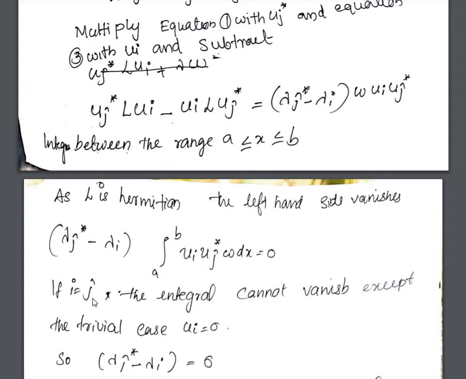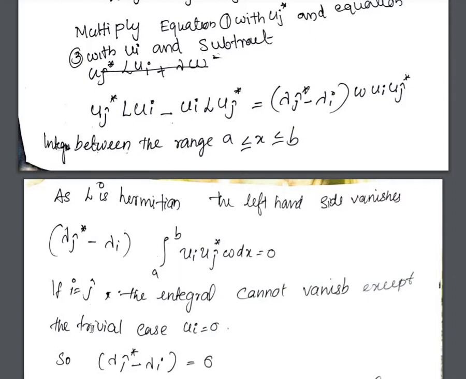Let us consider the condition when i is equal to j. The integral cannot vanish except in the trivial case ui is equal to 0. That trivial case is not possible. So the term outside the integral, that is lambda j star minus lambda i, should be equal to 0.